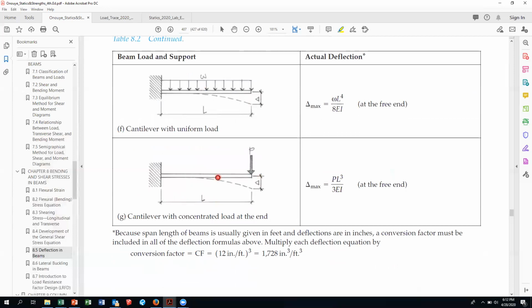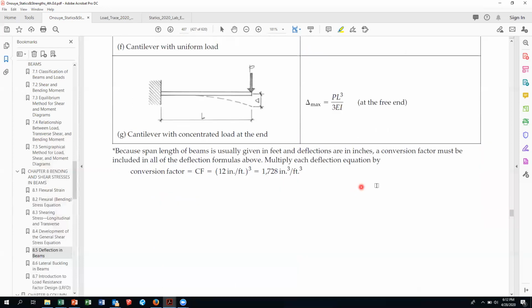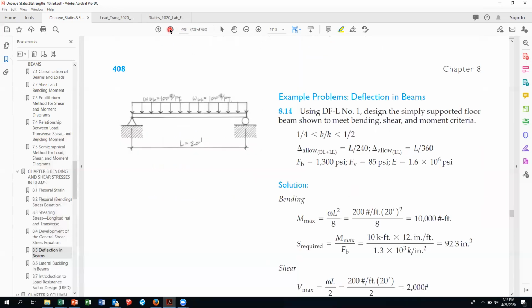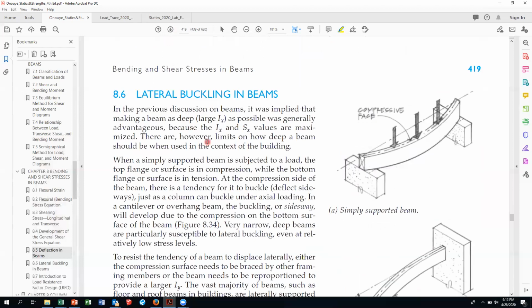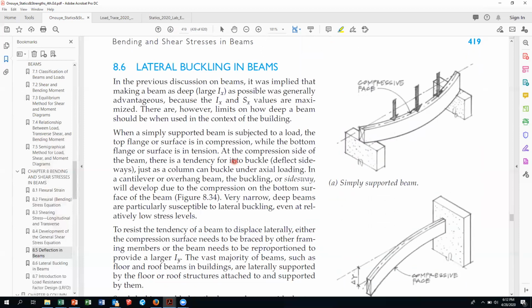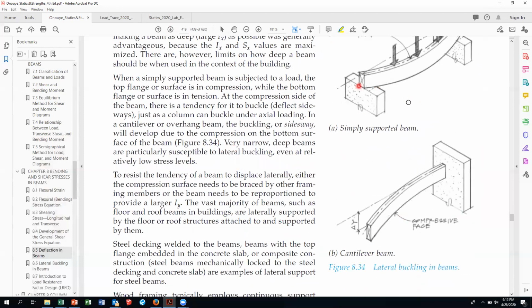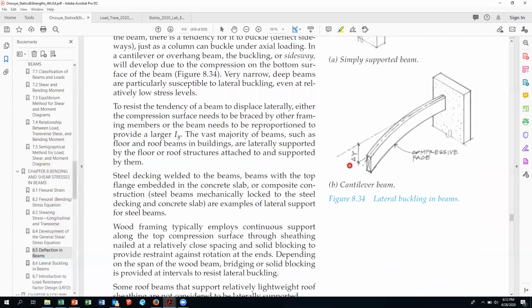And one other thing, write that down. It's something that we won't get into, but you will with structural theory. On page 419 is lateral buckling in beams, side to side, lateral buckling.